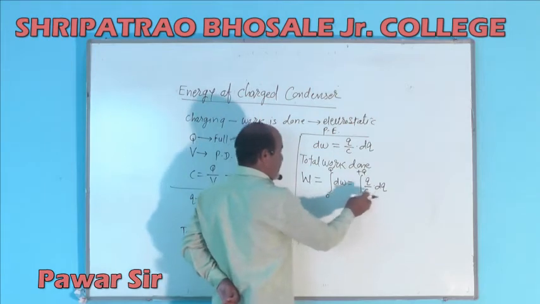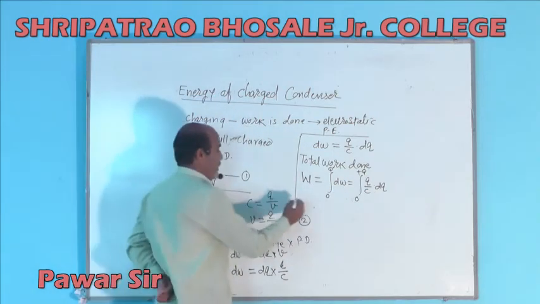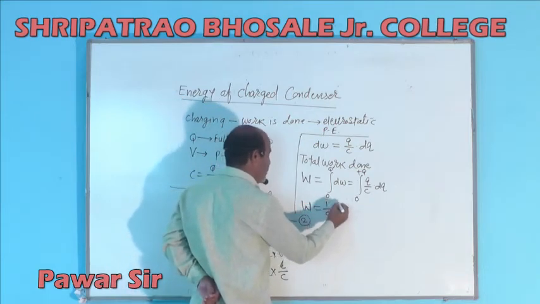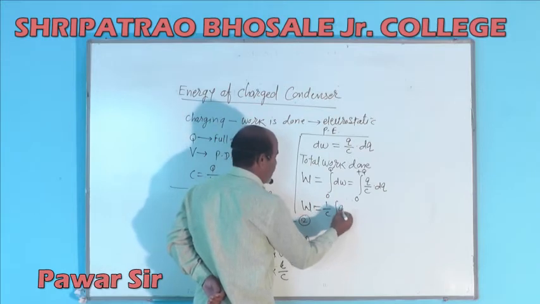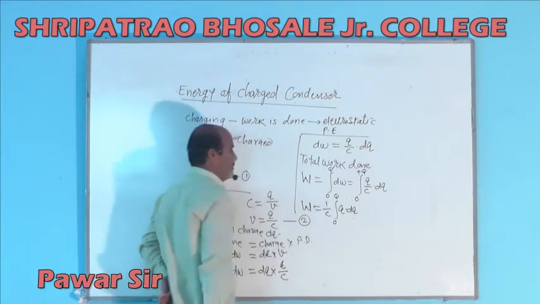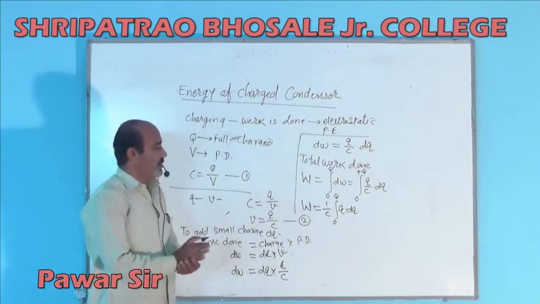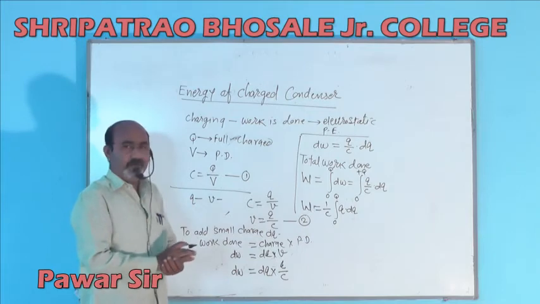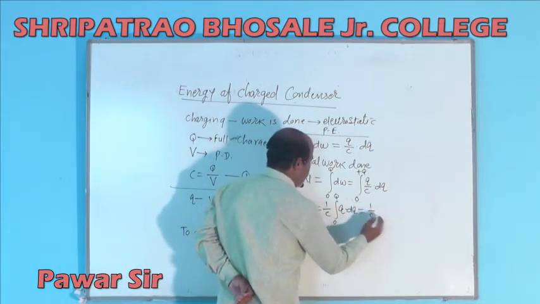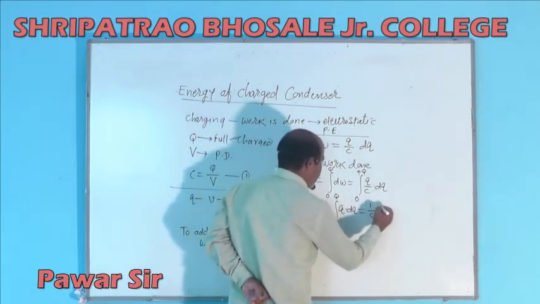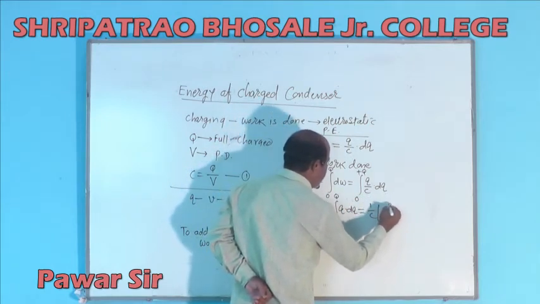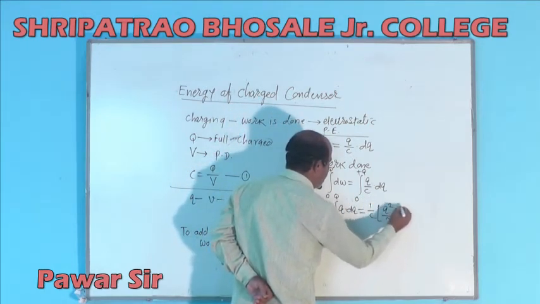And C is capacity, it is always constant. We can write W equal to 1 divided by C into integration of Q into dq from 0 to capital Q. In the formula, integration of x into dx will be x square divided by 2. So we solve like this: it is equal to 1 by C, it's constant. Integration of Q into dq will be Q square divided by 2.